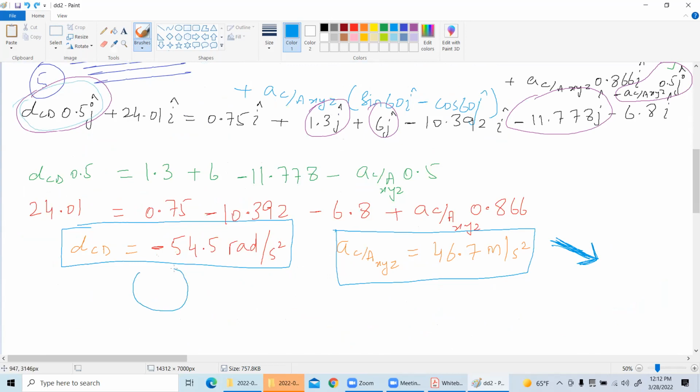The assumption will be anti-clockwise. So it is 54.5 radians per second square anti-clockwise. And here you will write that our assumption is correct: it is accelerating outward.